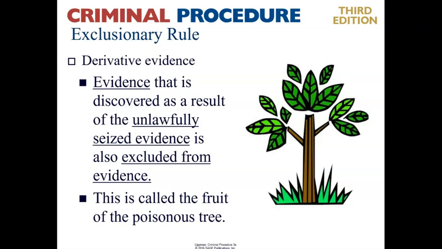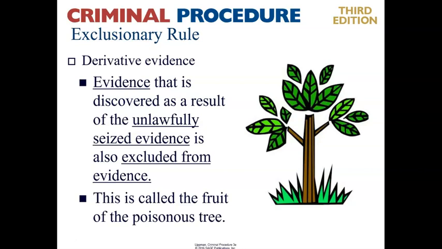And that is termed fruit of the poisonous tree. So, for example, records of illegal drug transactions that are seized in the course of an unlawful search are excluded from evidence because the records are the direct result of an illegal search. Does that make sense? The confessions resulting from the interrogation of an individual whose name is listed as part of the drug transaction will be excluded from the evidence as fruit of the poisonous tree.